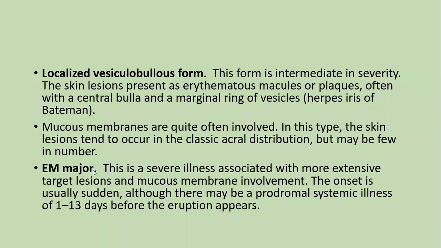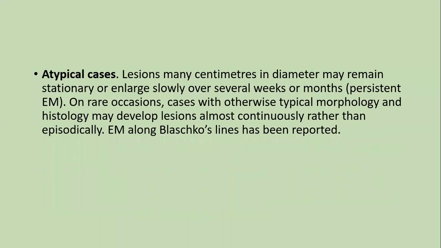An important differentiating point between EM major and Stevens-Johnson is the lack of constitutional symptoms, which are present in Stevens-Johnson and less in EM major. That is fever, malaise, body aches. Atypical cases can occur everywhere, anytime.